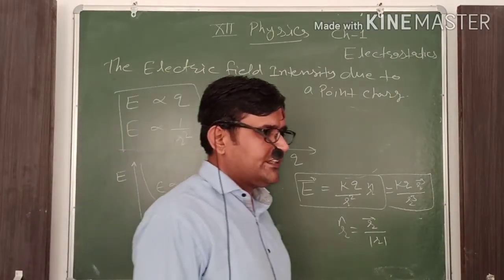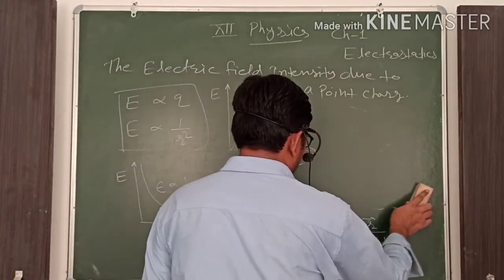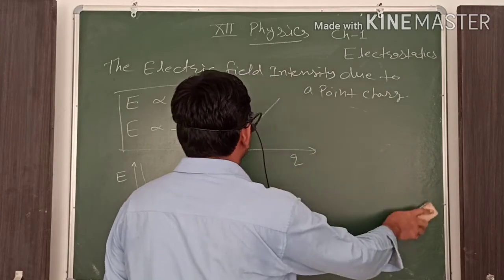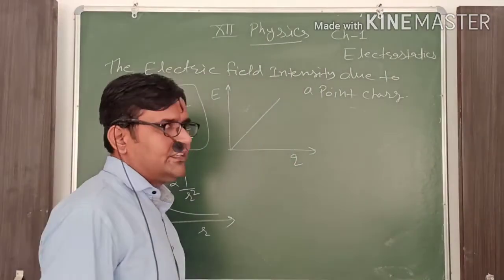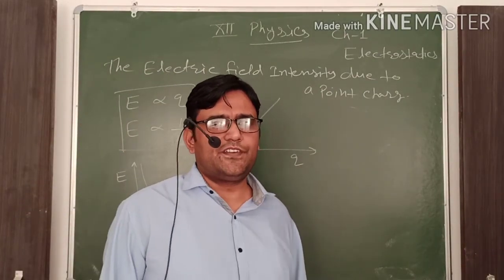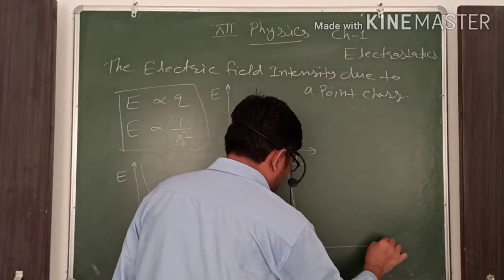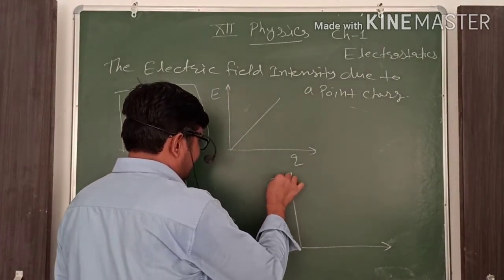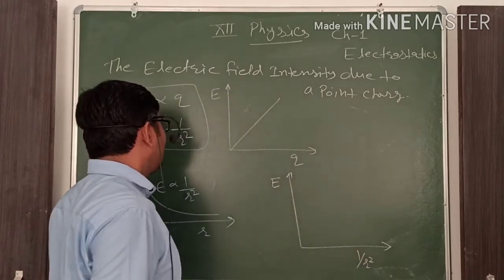But the important thing is that sometimes the question asks you to derive the expression for the electric field intensity due to a point charge and also plot a graph between electric field intensity and 1 upon R square. So be careful about it.